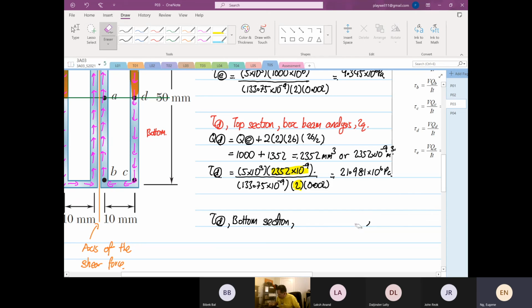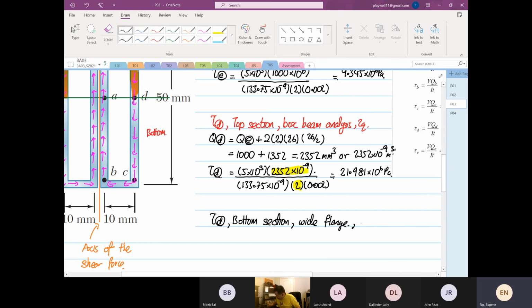Okay, it is a white flange because you only have one Q, right? It is a white flange, yes or no? So it's not the same anymore. Okay, it's not the same. So it's a white flange section.